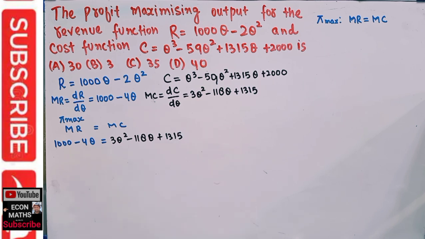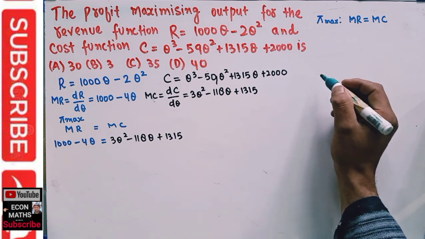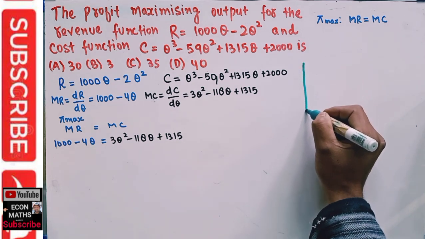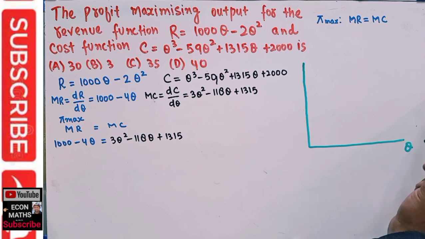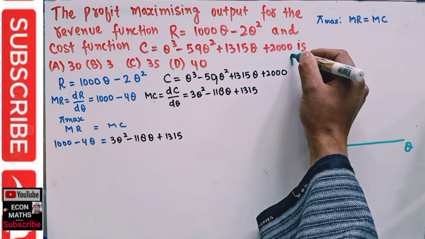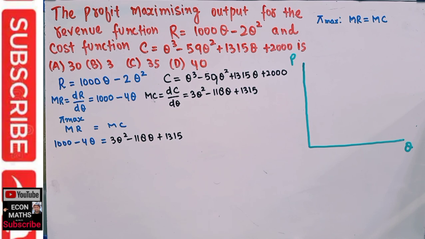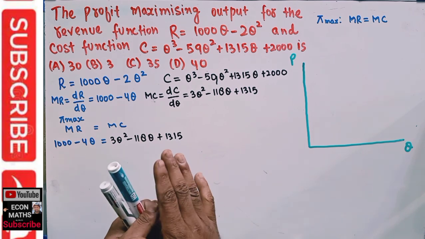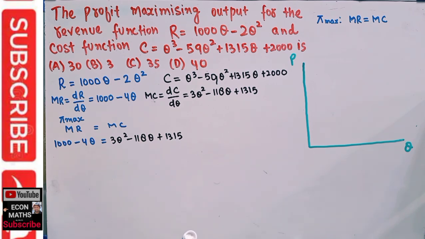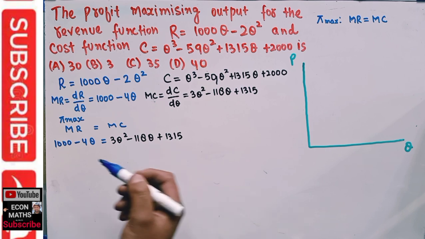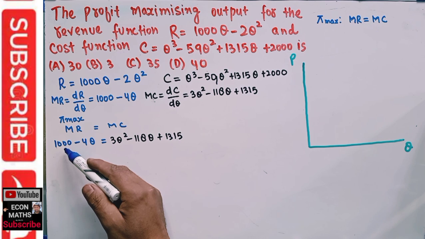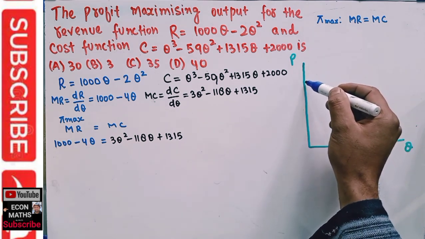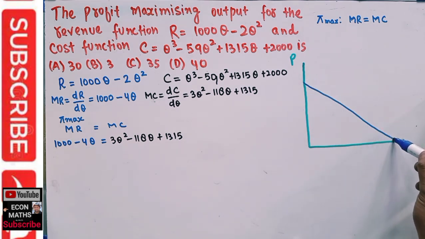Let's draw the graph also to make it more meaningful. We have quantity on the horizontal axis, price on the vertical axis. I will not draw the demand function here, rather I will draw the marginal revenue function. Its intercept is 1000.